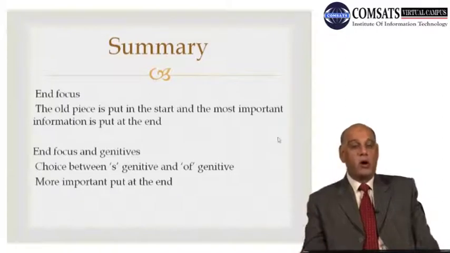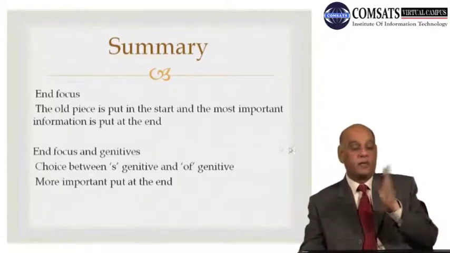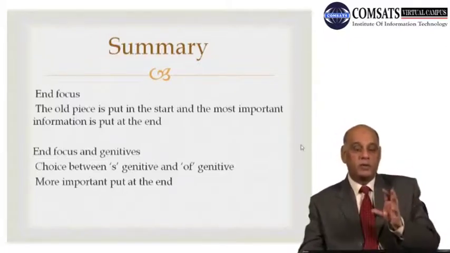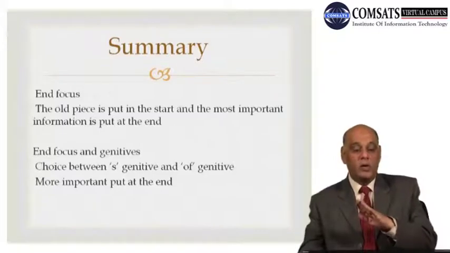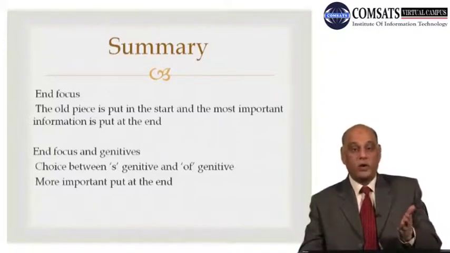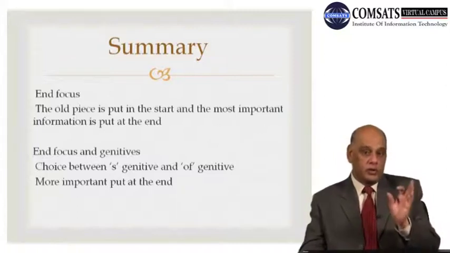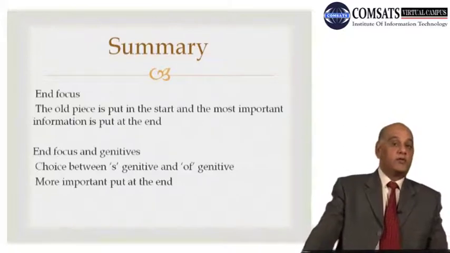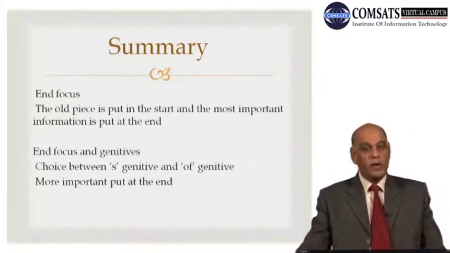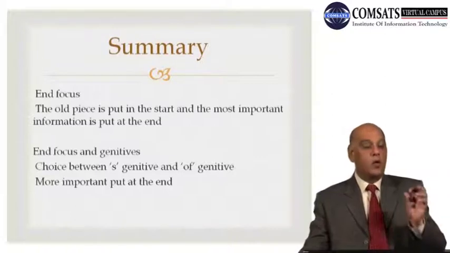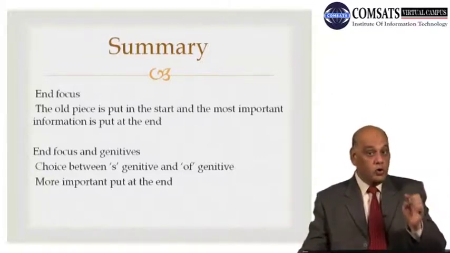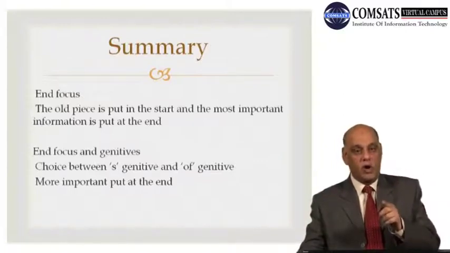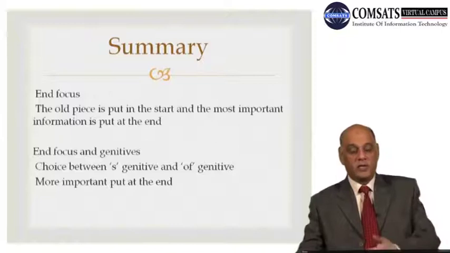So here you are just changing the places of the possessor and the possessive in order to shift the focus, in order to shift the end focus, or in order to give the importance to the thing you want to give. So you make the choice between S genitive and the of genitive to show the possession, in looking at what is communicatively more important, where do you want to put the focus, where do you want to put the stress, which word do you want to put the stress on, like the possessor or the possessed.